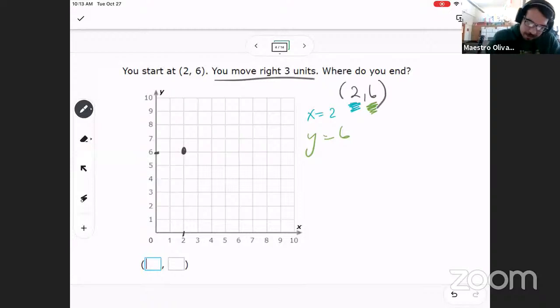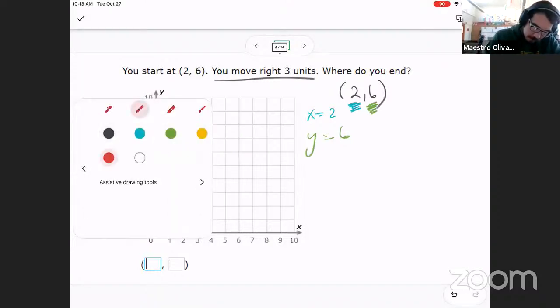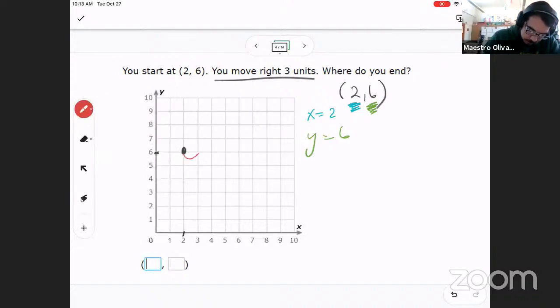So we want to move 3 units to the right. So 1, 2, 3. What's my new x value now? 5, right? Because I moved 3. And my y value still is 6.